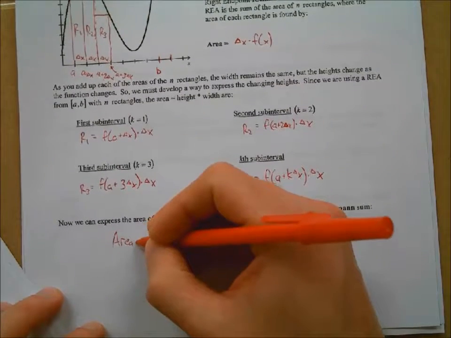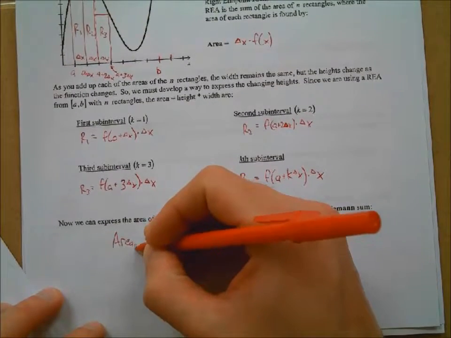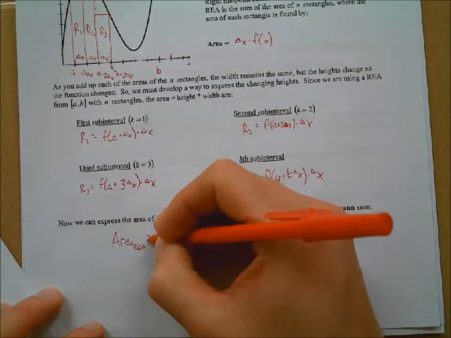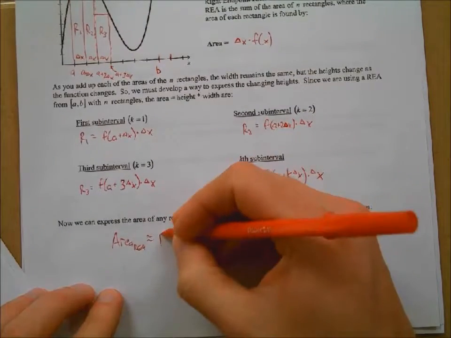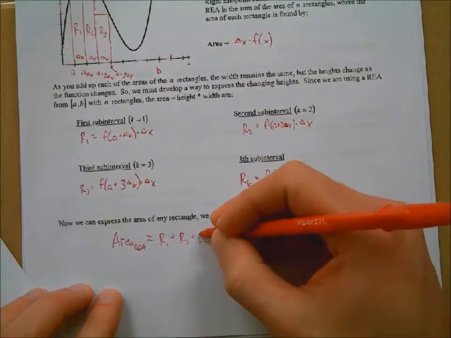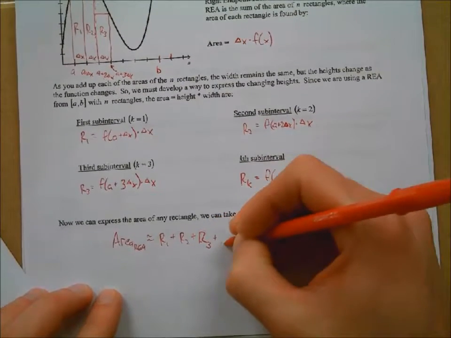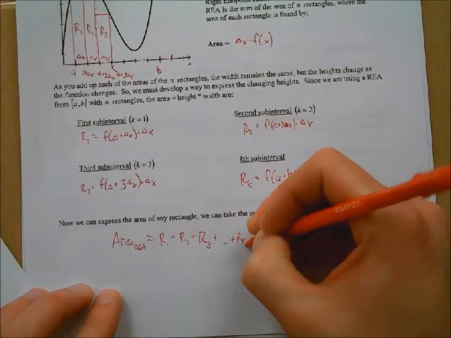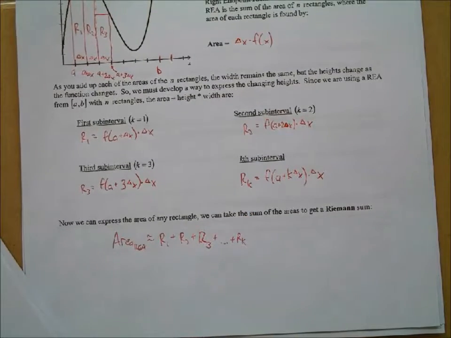So the area, which is going to be a right endpoint approximation here, is approximately r sub 1 plus r sub 2 plus r sub 3, since we already wrote that one, plus dot dot dot up to r sub k.